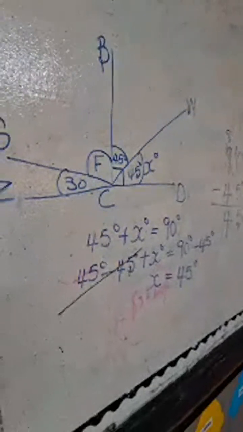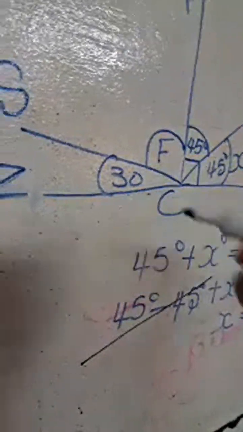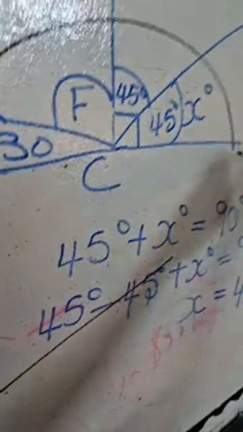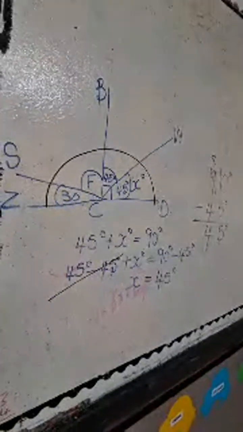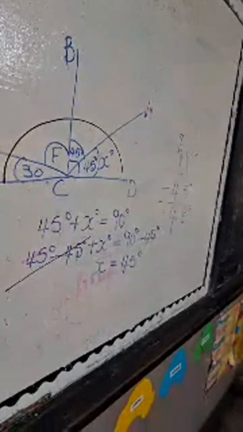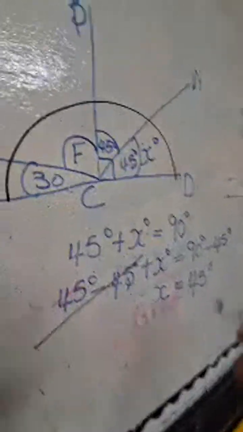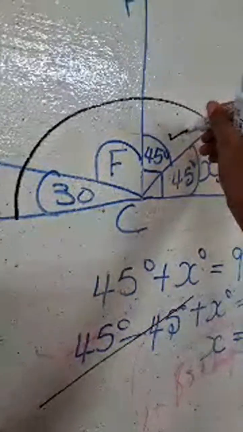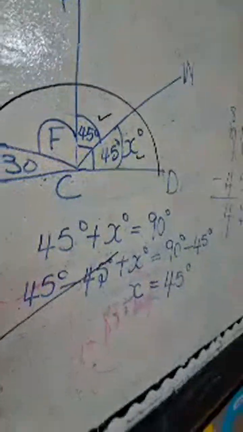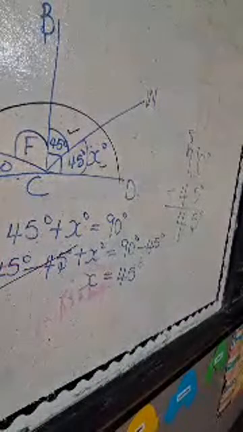Remember, what do we realize about all of this? Let me use another marker. All of these angles must add up to what? 180. So we have this part, this part, and this part. We have 2 ways in which we can do this.